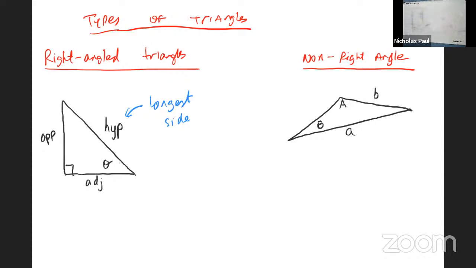If here is your capital C, then opposite is your lowercase c. So lengths, lowercase letters; angles, capital letters. These are the two types of triangles that we're going to focus on: right angle, non-right angle.